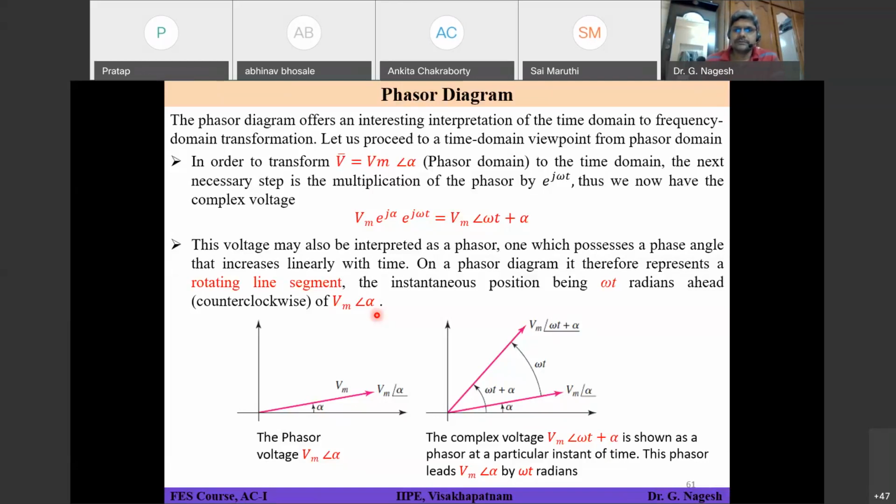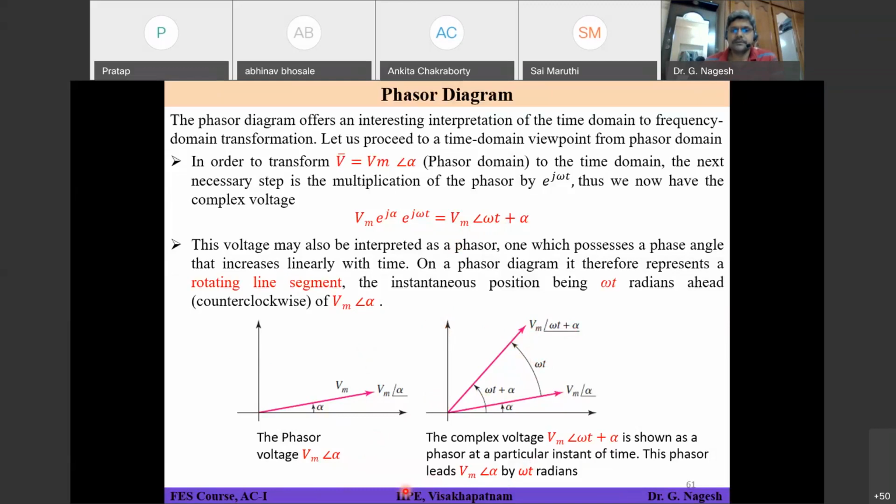If you see here, we have drawn the phasor diagram for Vm at an angle of alpha, and we have also drawn the phasor diagram for Vm at an angle of omega t plus alpha. This Vm at an angle of omega t plus alpha will keep on rotating with respect to time in the anti-clockwise direction.